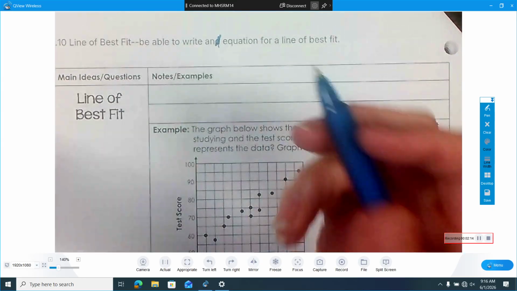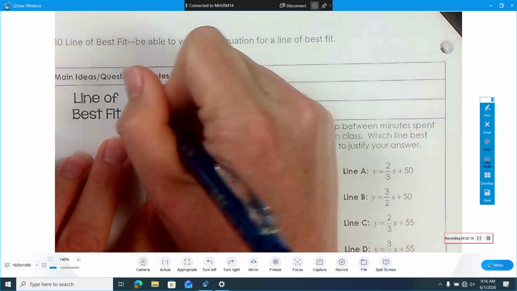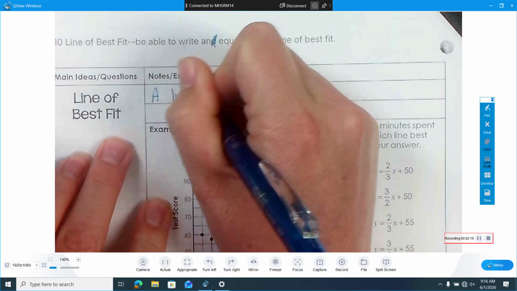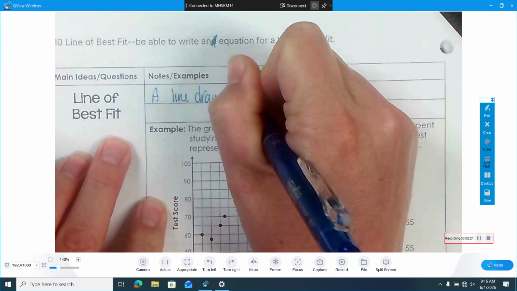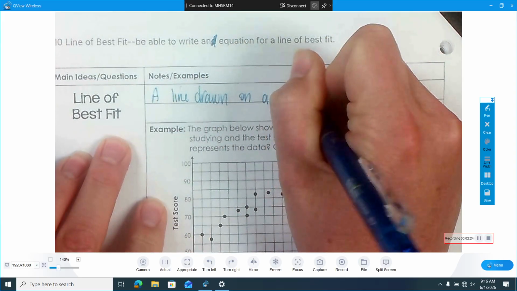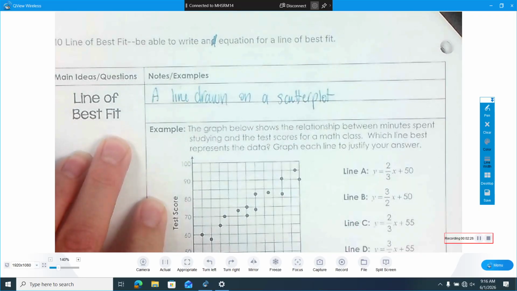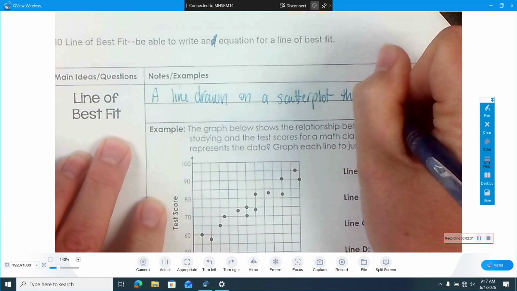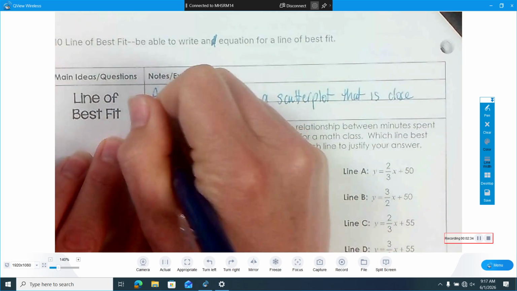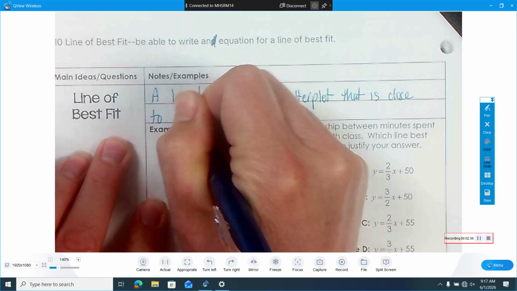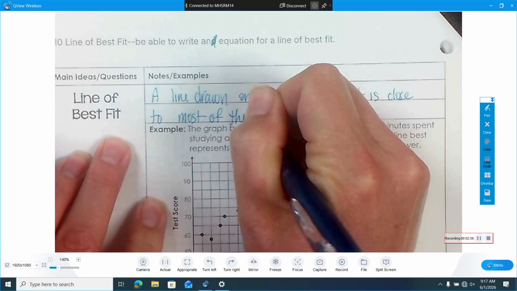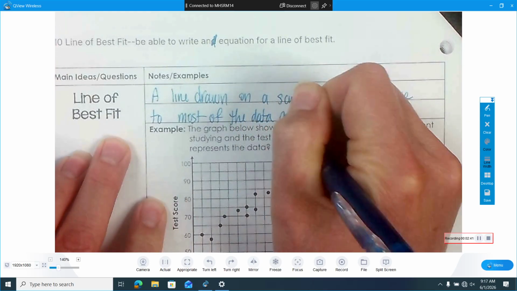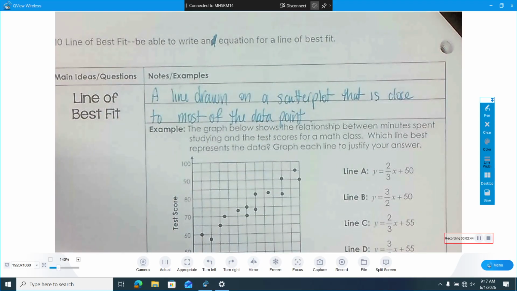So a line of best fit is a line drawn on a scatter plot that is close to most of the data points.